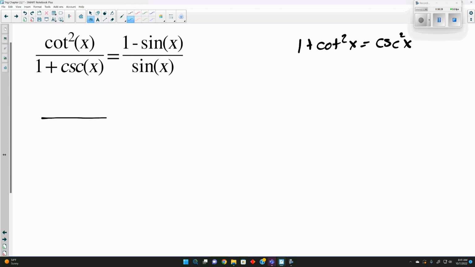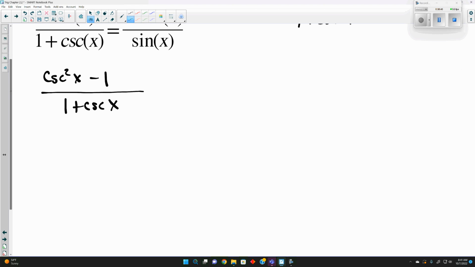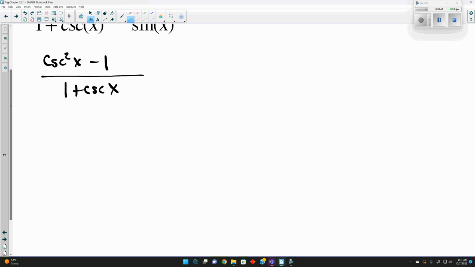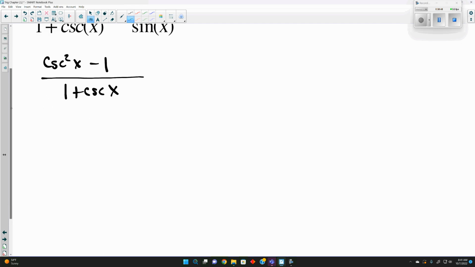So what we could do with the left side is rewrite cotangent squared as cosecant squared of x minus 1, which is the difference of perfect squares.